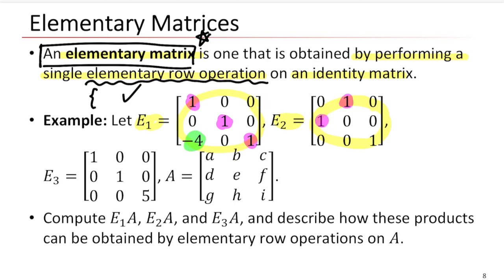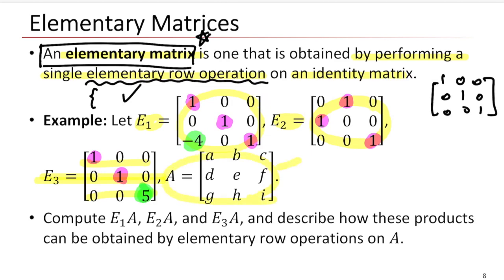Interestingly, these two values are exchanged from the identity matrix. Let's think about the identity matrix. What is the elementary matrix E3? Here is the 1, 1, but there is another integer value on the diagonal, something like that.